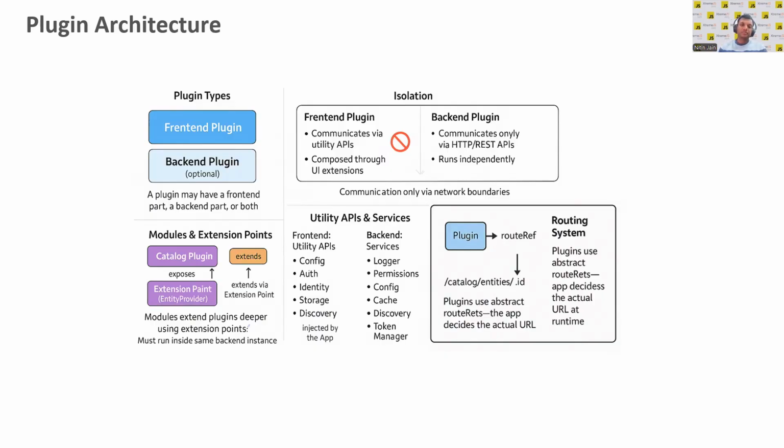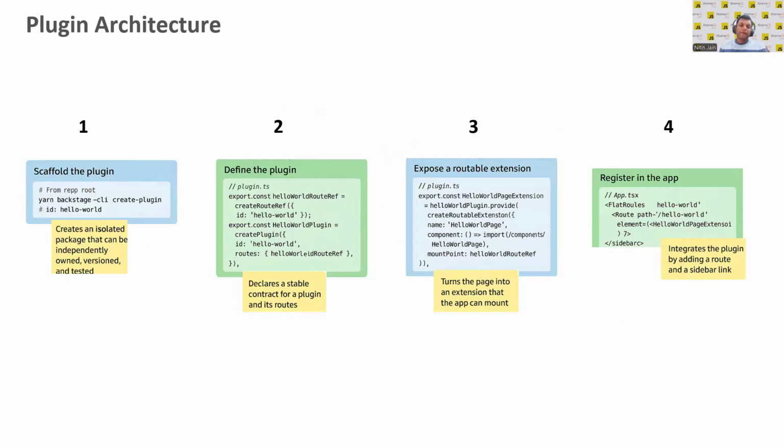Now, let's talk about how you could create a plugin inside Backstage. It's basically a four-step process. Even though plugins sound big and complex, they really follow a simple structure. First, you need to declare what part of the Backstage app you want to extend. It could be a front end or a back end. Then you register your component or route.